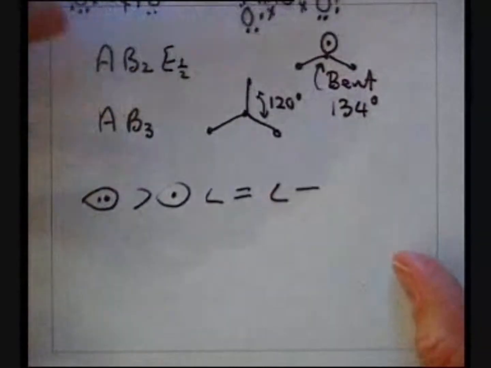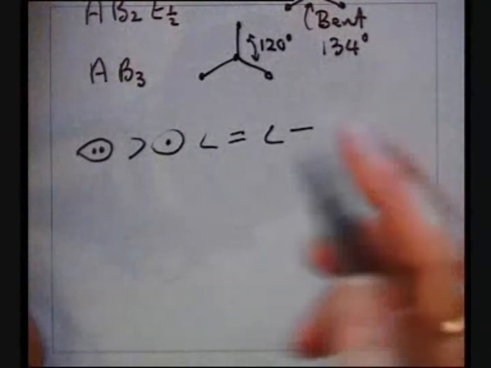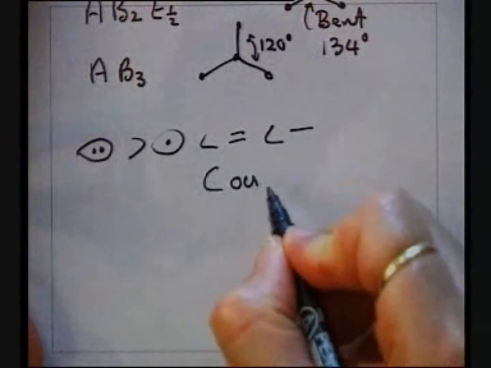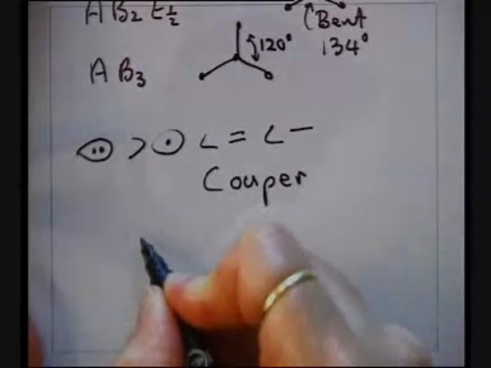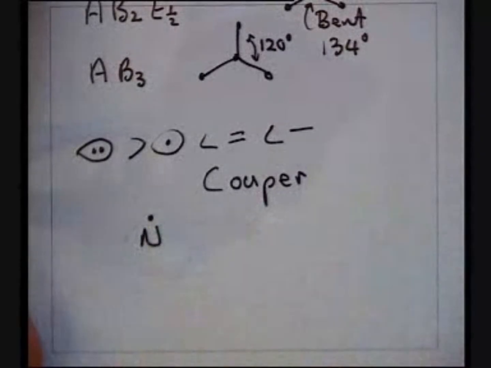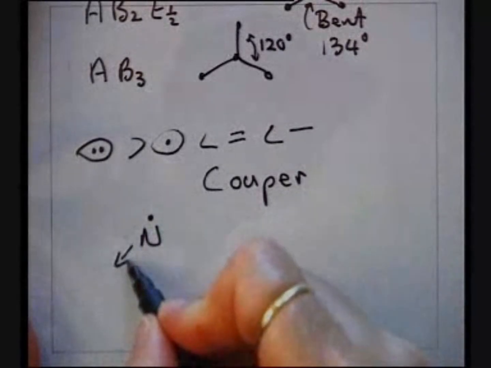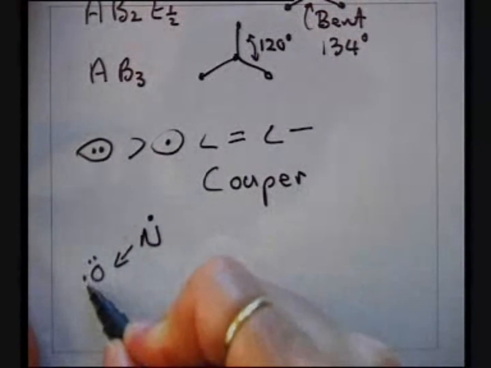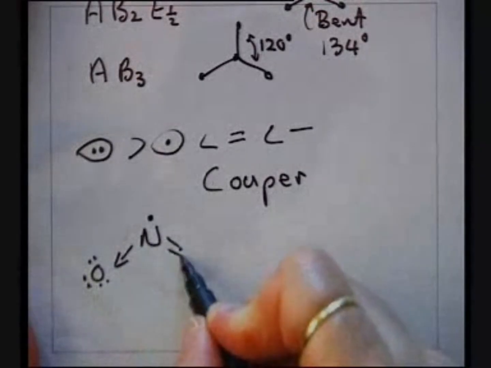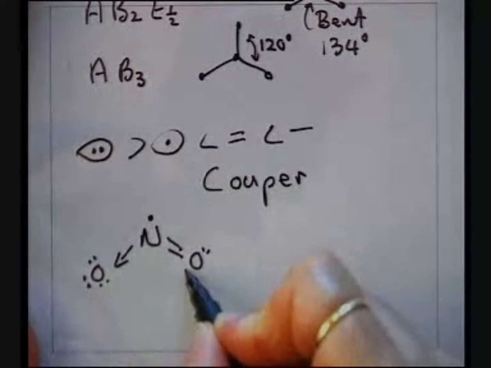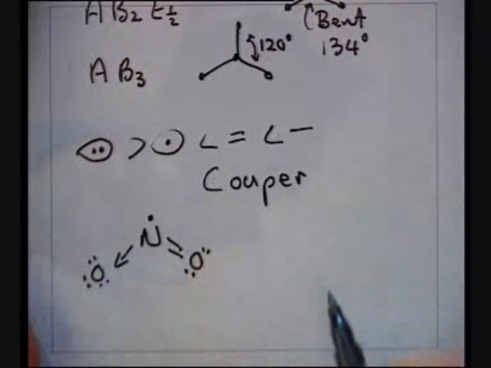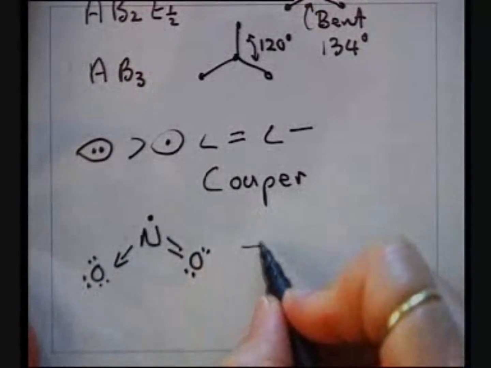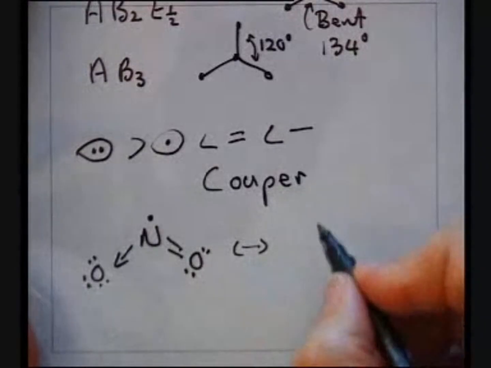We make use of Cooper or Cowper structures to draw the molecular geometry. Nitrogen, single electron, dative covalent bond, double bond. The lone electron pairs on the terminal atoms will not influence molecular geometry.